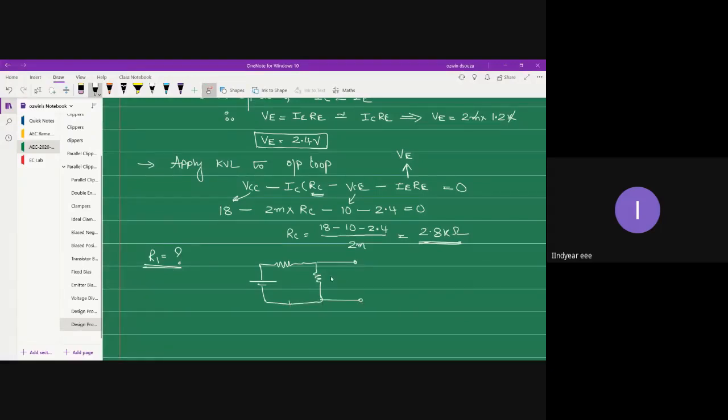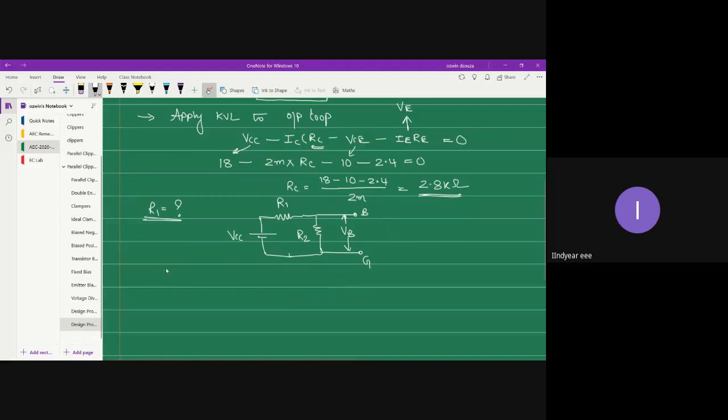Let's reconstruct the input network. This is your base terminal and this is your ground terminal. So the base to ground voltage is nothing but VB, correct? This is VCC, this is R1, and this is R2.